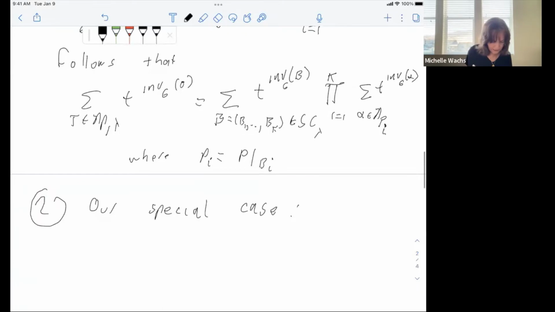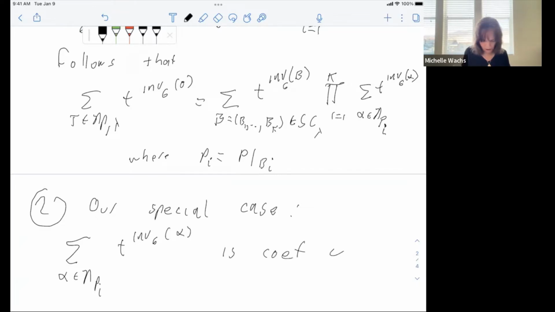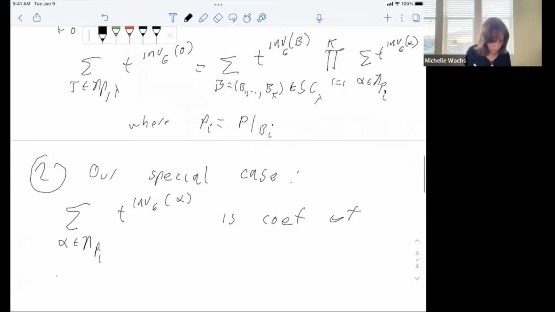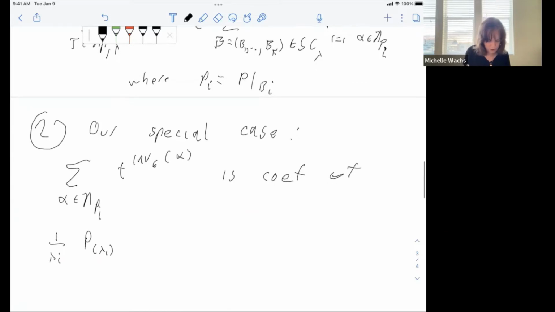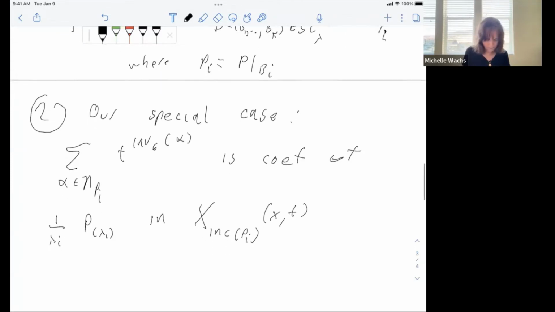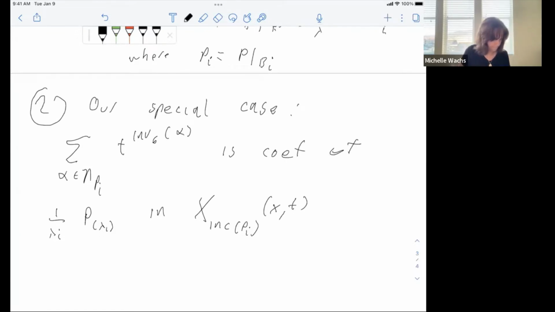So that says that the sum on the far right is the coefficient of 1 over lambda_i, p_lambda_i, the partition with a single part, in X, the incomparability graph of P_i, X_t.